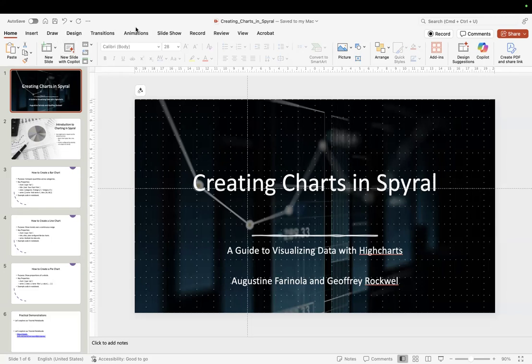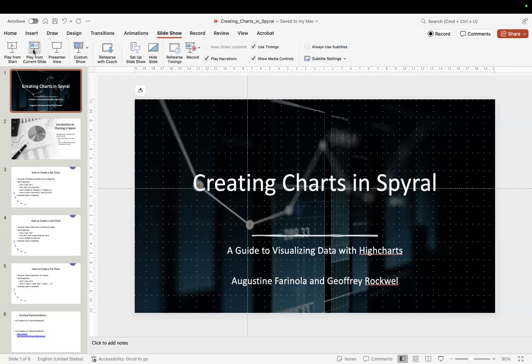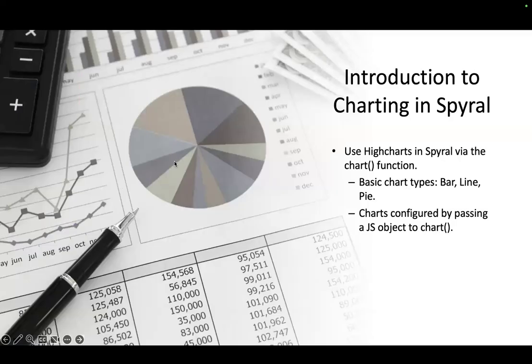The full screen slideshow. Okay, so there's something we call the eye chart. The eye chart is basically like calling an independent model that is not part of the Spyral Voyant Tools visualization, but has been incorporated into Voyant Tools, and which you can call in Spyral to generate bar charts, pie charts and other charts.